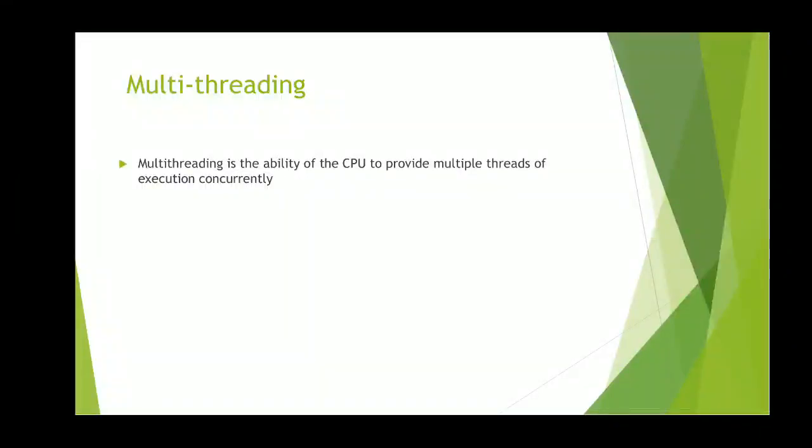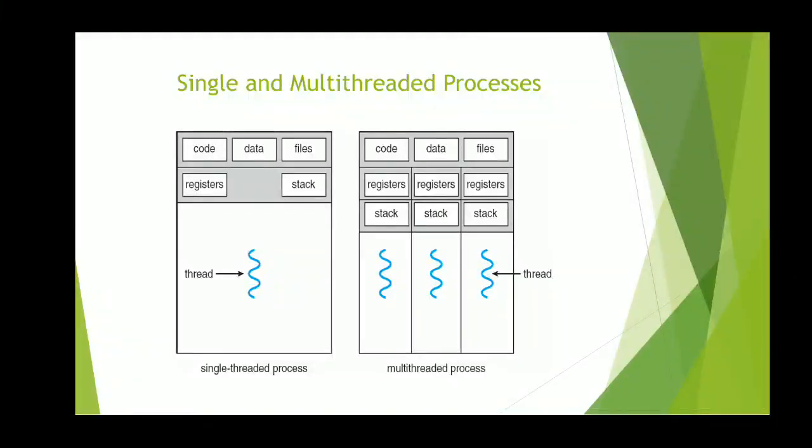Now we can go through the multi-threading concept. Multi-threading is the ability of the CPU to provide multiple threads of execution concurrently. Now we are moving on to single-threaded and multi-threaded processes. Here you can see there are two processes, process 1 and process 2. Process 1 is a single-threaded process and process 2 is a multi-threaded process.